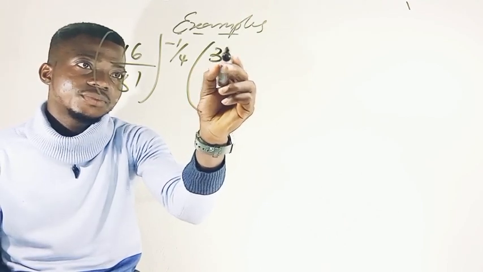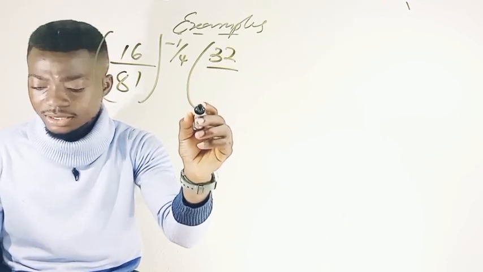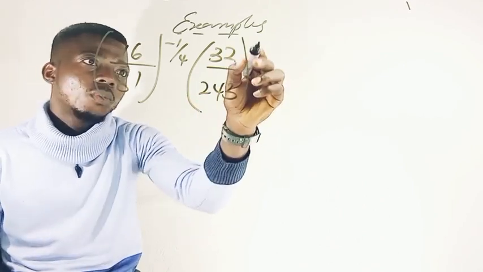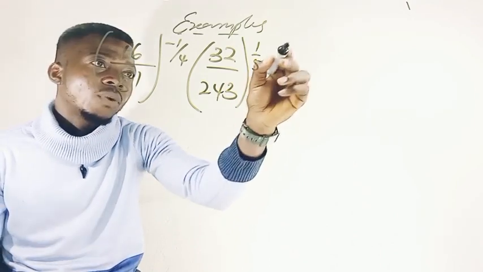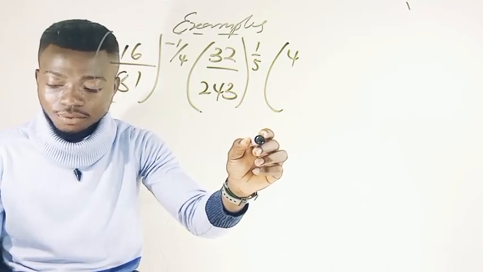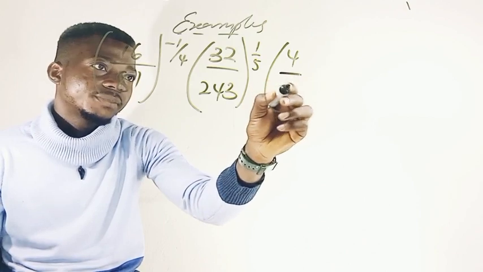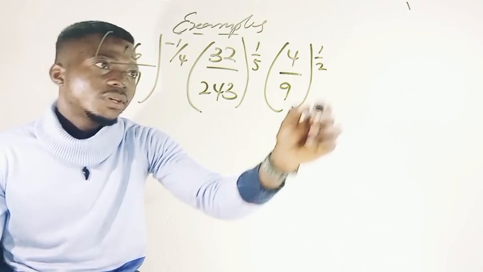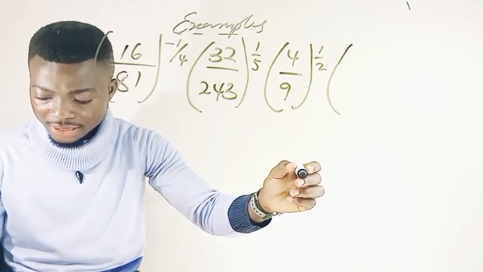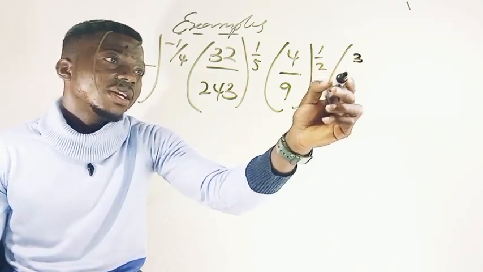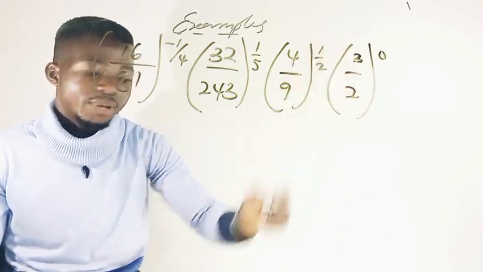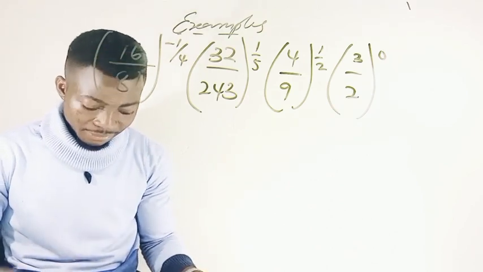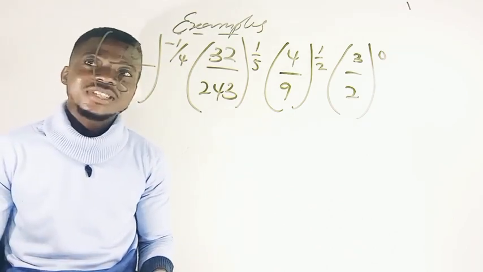This is 32 over 243, 1 over 5, another 1, 4 over 9, 1 over 2, another 1, that's 3 over 2, 3 over 2 raised to the power 0. So this is a very long question.